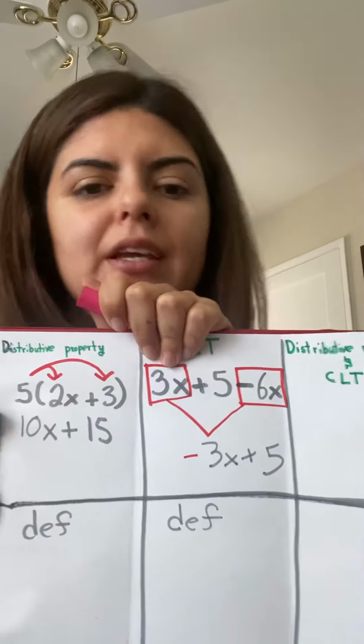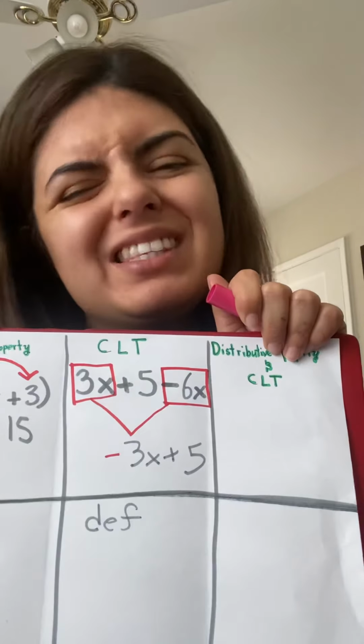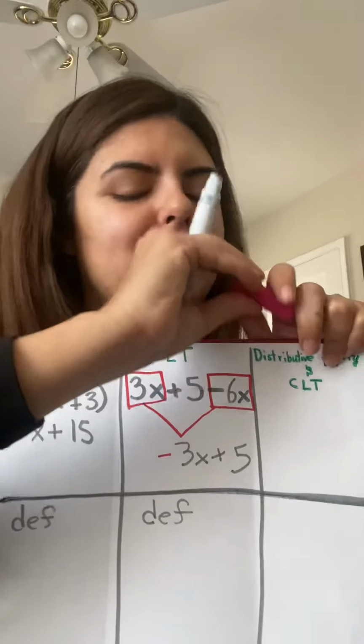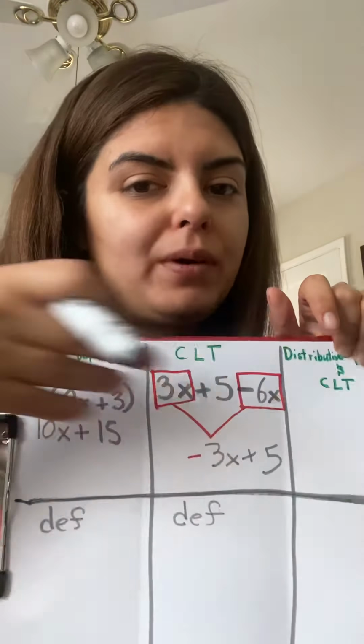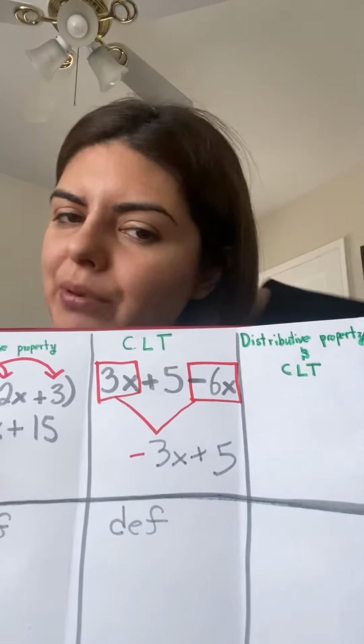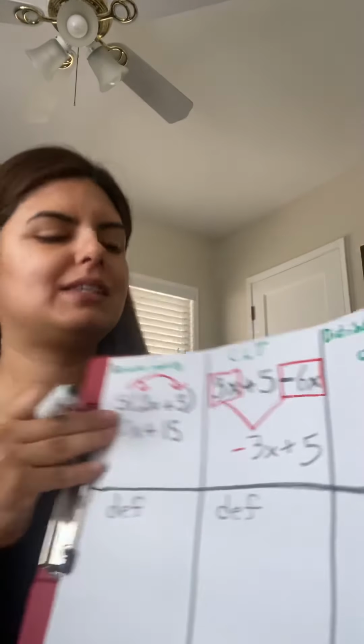Okay? Now for the last one, it's a little bit more complicated, and it's the one that people tend to have a little bit more problems with. But you guys got this. I'm going to show you an example and you're going to be fine. You're going to ace this.